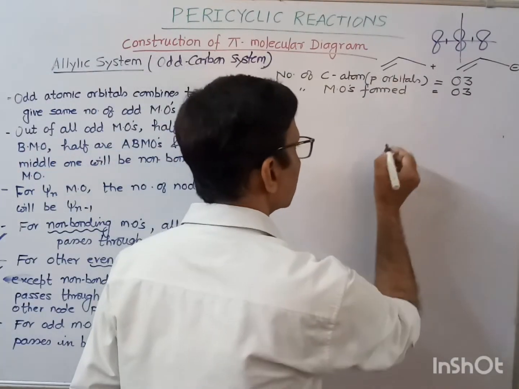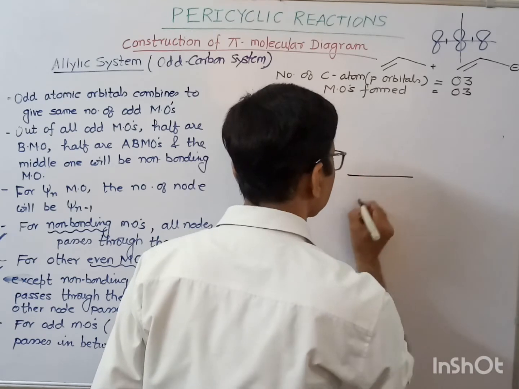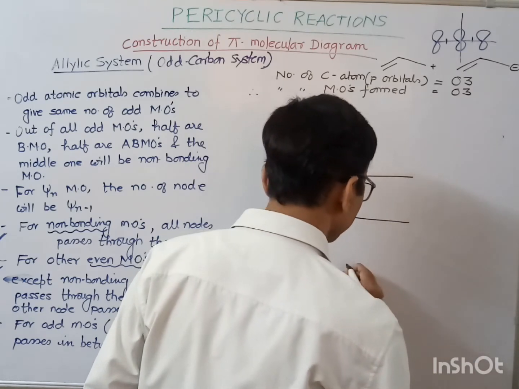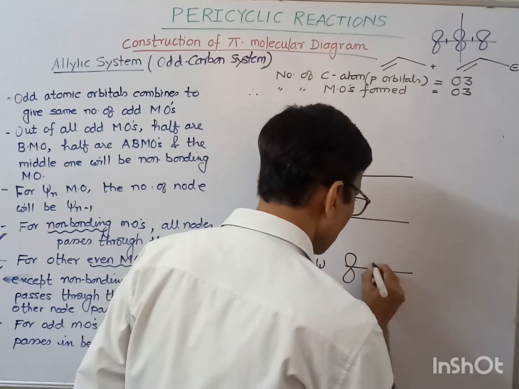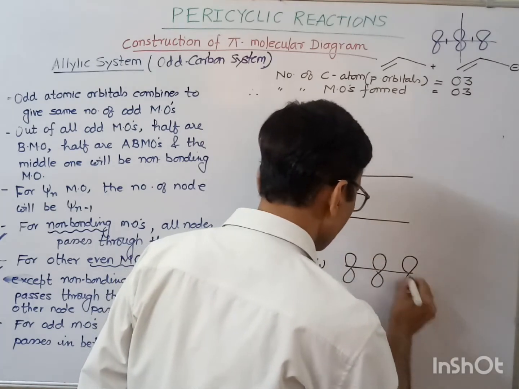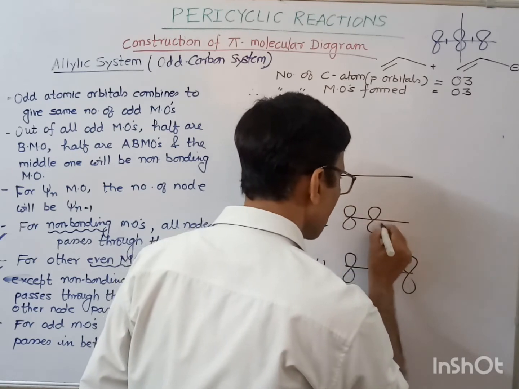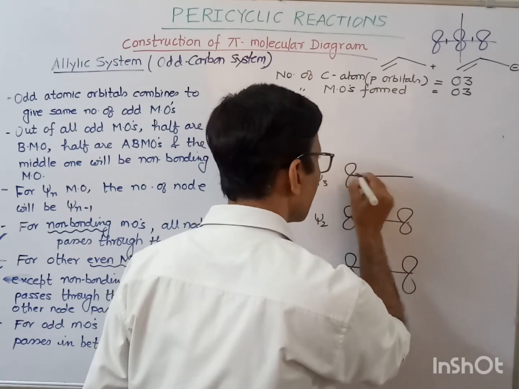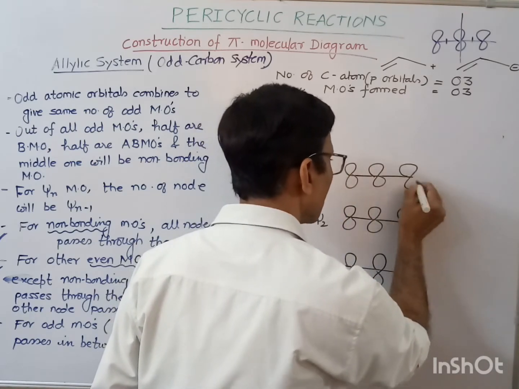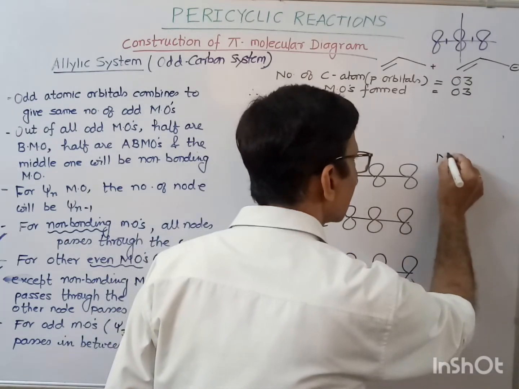Now let's see the molecular orbital diagram. 3 molecular orbitals would be there, psi 1, psi 2, and psi 3. Now what about nodes?